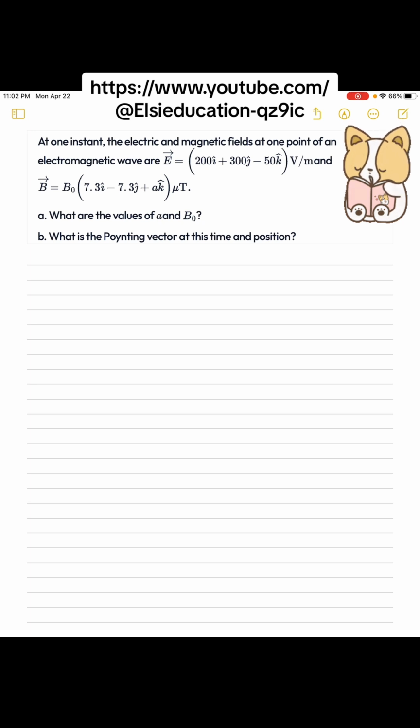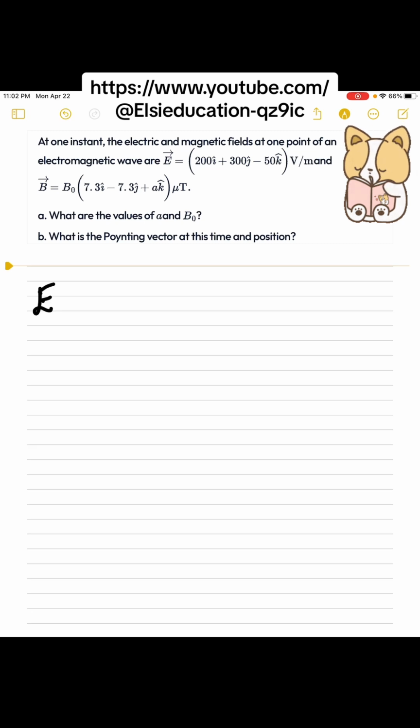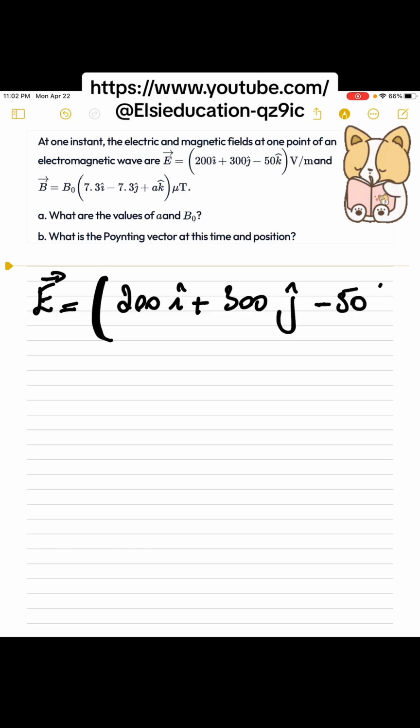We have the electric field equal to 200 in the x direction plus 300 in the y direction minus 50 in the k direction, and the magnetic field that is perpendicular to it.